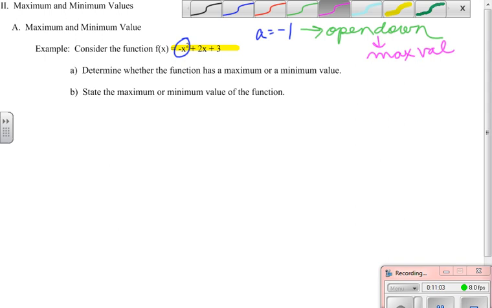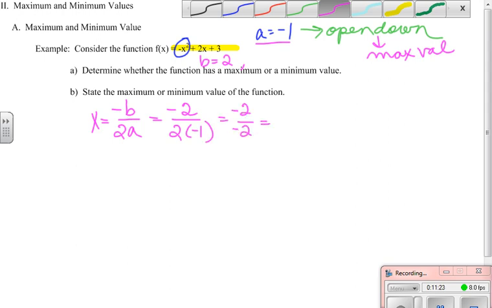So if I'm looking for the vertex, I need to use that line of symmetry. So x is the opposite of b over 2a. Well, here b is 2 and a is -1. So I have the opposite of 2 all over 2 times -1, which is -2 over -2, which is 1.